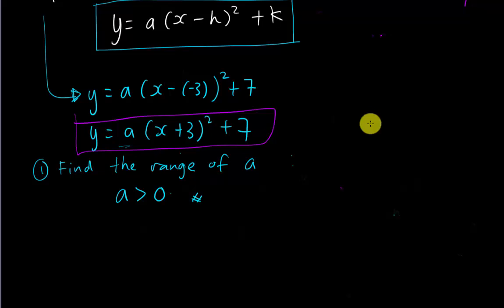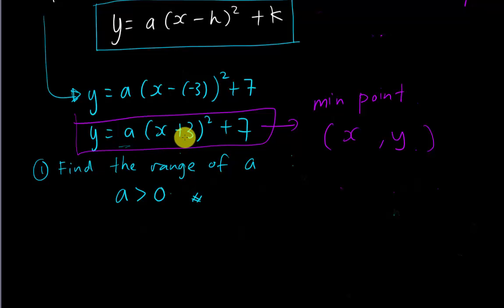Now if we go in reverse, and I erase the thing here, from this equation, I ask you about the minimum point. How do we take the minimum point? The minimum point has x and y, correct? If I want to take the x value, I take what is inside the bracket. Do you see the bracket squared here? It will always have the opposite sign to the number beside the x.